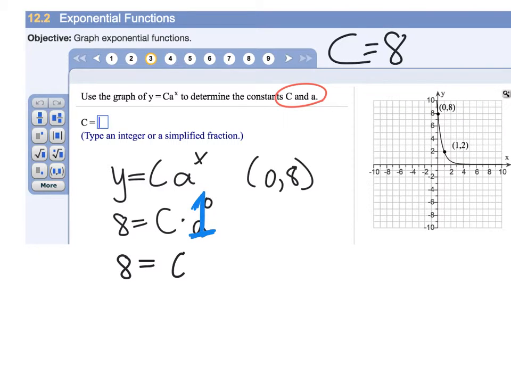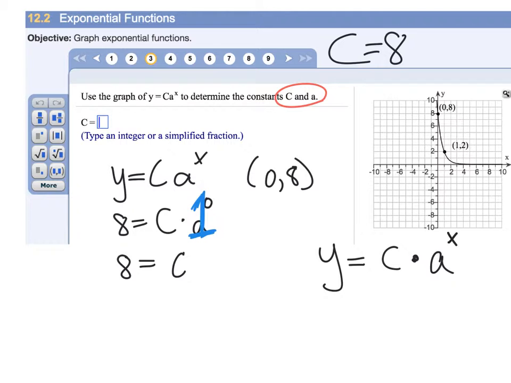And so in our equation, we got y is equal to, and then we have C right here, times, and then we have A raised to the x power, right?